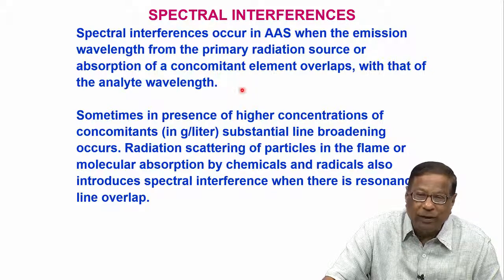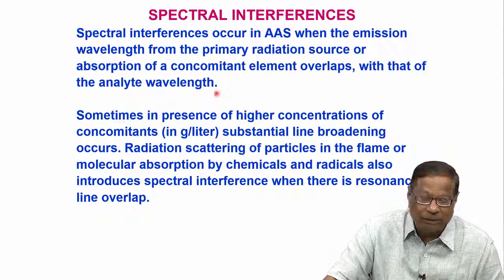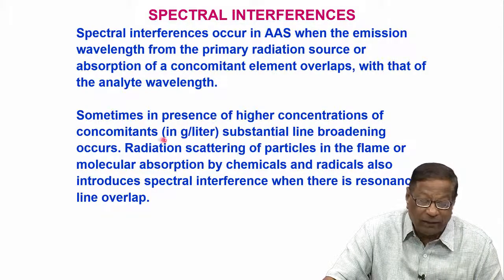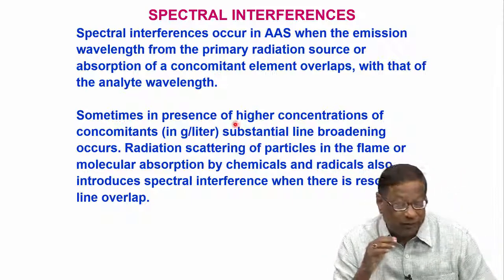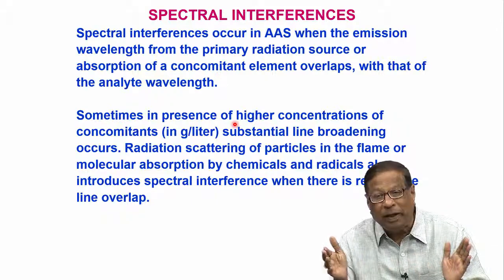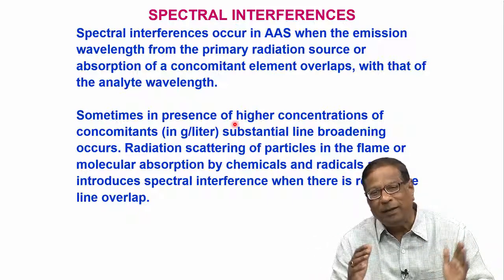That means two elements will have the same resonance line, so the monochromator cannot do much, it will measure the total absorbance. Sometimes in the presence of higher concentrations of concomitants, substantial line broadening also happens. Whenever line broadening happens, another resonance line of some other element may fall in the broadened resonance line.